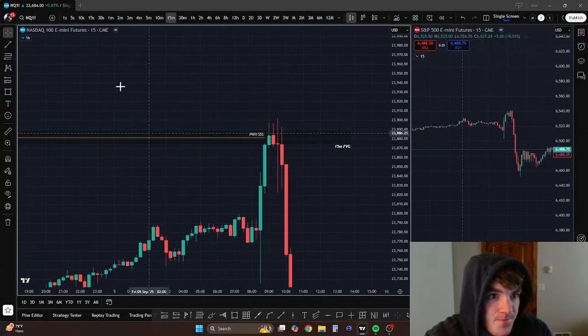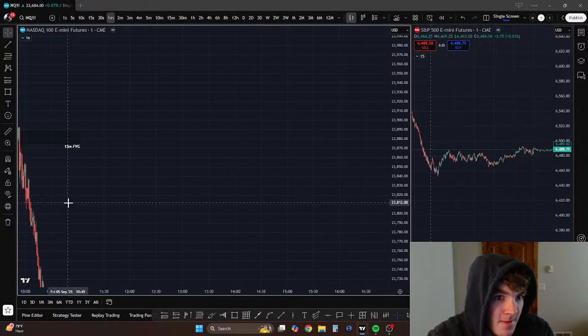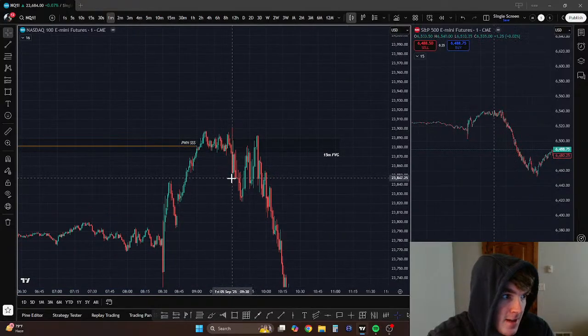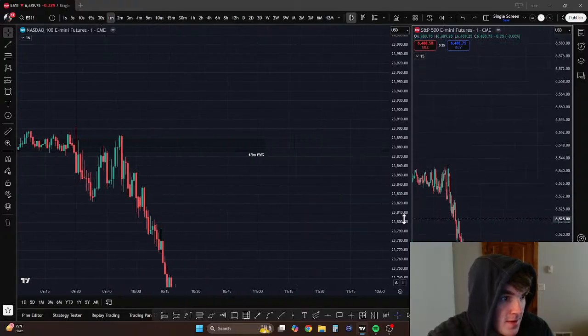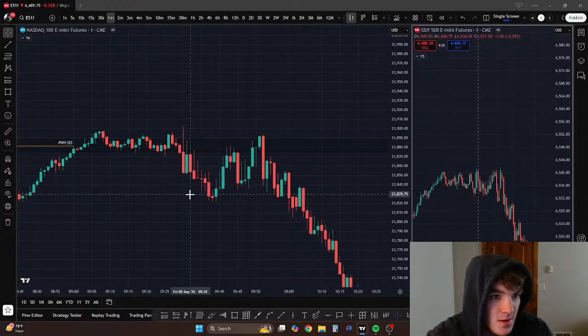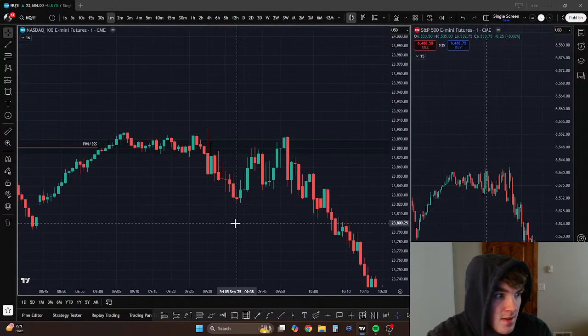And then essentially what happens, right? Within this, we get a 1-minute Phoenix model. What's a Phoenix model? Well, it's when we have a rejection block, right?